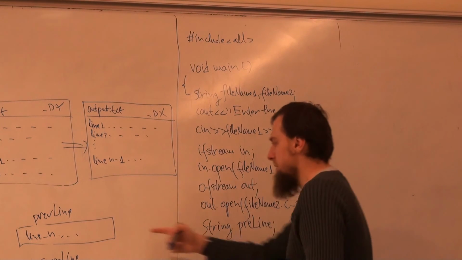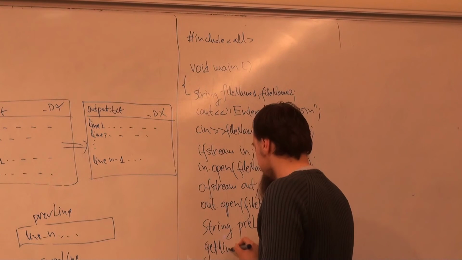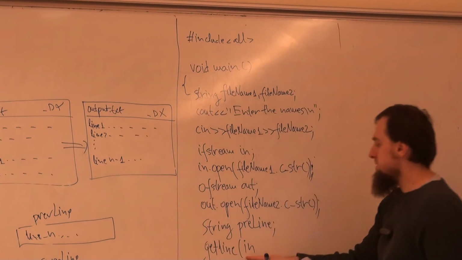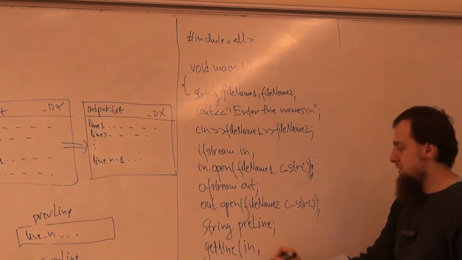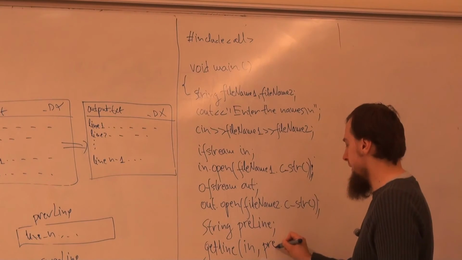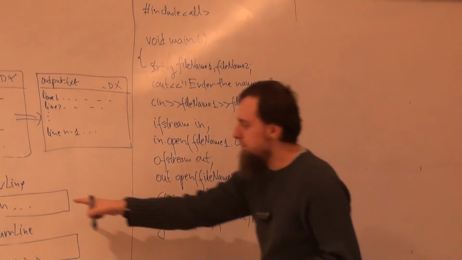But first I get the first line here, so I'm using the first getLine for the first line. And you remember getLine takes an input file stream, a reference to it, and a string where we put the line we have read. So this is the previous line, and I have the data here.